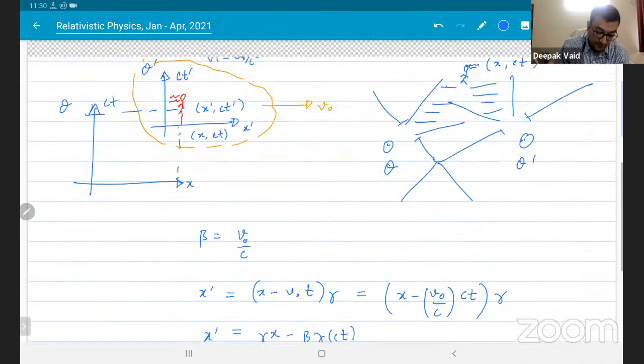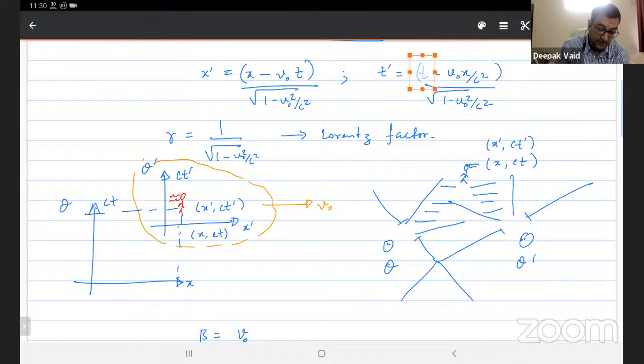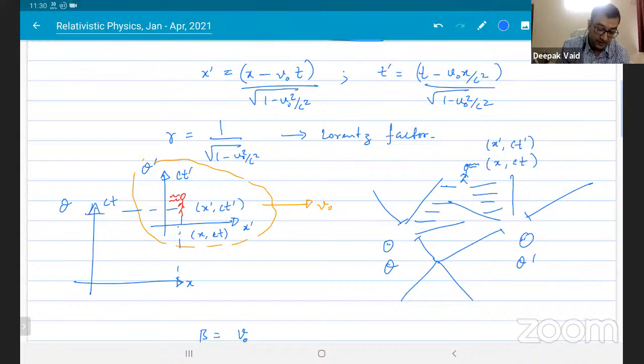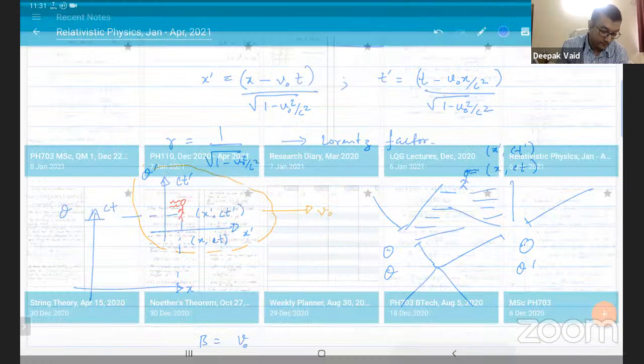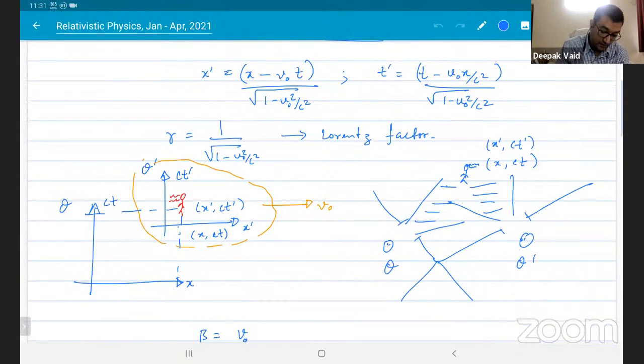Similarly, for t prime, we do the same thing. We multiply t prime by c and t by c, and over here we multiply everything by c. So here we get ct prime, here we get ct, and here we are left with v by c, which is beta, and the whole thing multiplied by gamma.